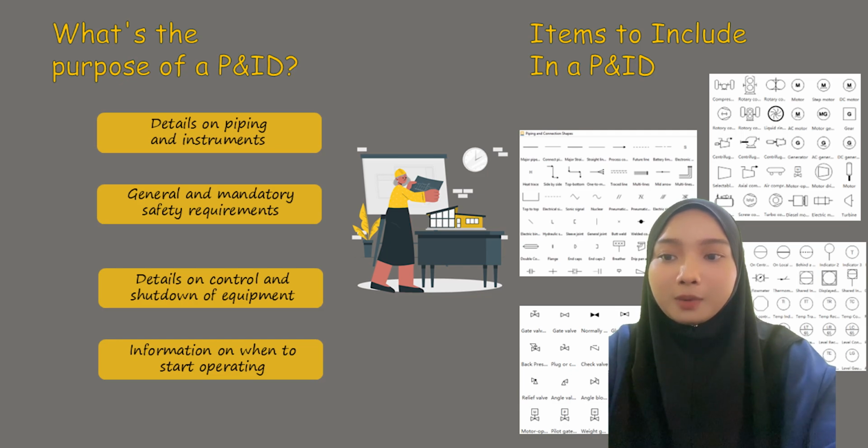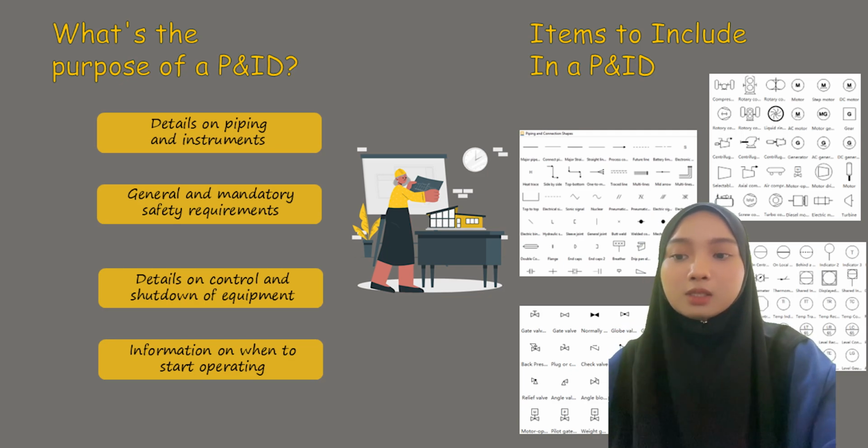An important part of understanding PNIDs is the instrument tag or tag number. Let me break it down. The first letter in the code identifies the variable being monitored, such as F, T, L, P, which is F for flow, T for temperature, L for level, and P for pressure.